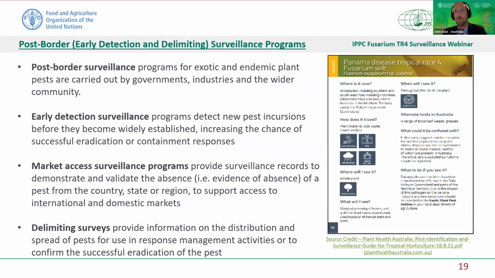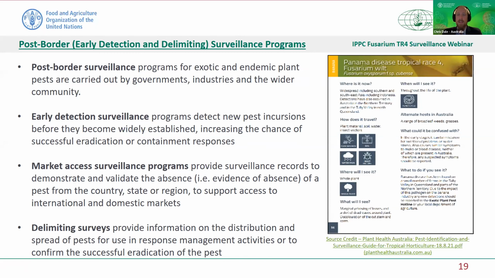So for post-border, essentially, this is when we do have a detection, and it's important to be able to then determine the range and the scope and delimit the range of that pest detection. And it might be within a particular geographical area.